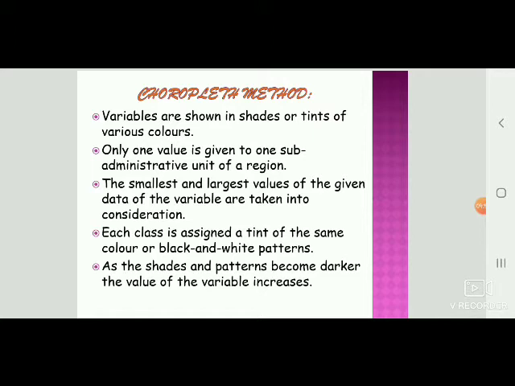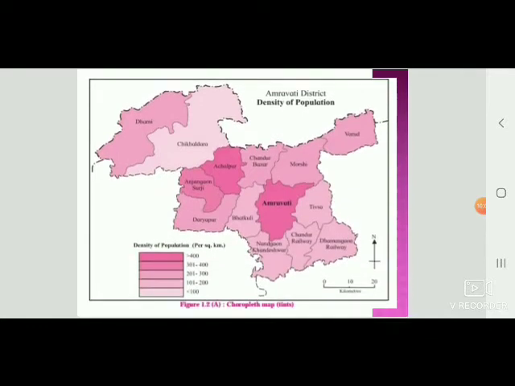Each class is assigned a tint of the same color or black and white patterns. The shades or the patterns become darker with the increasing value of the given variable and are drawn accordingly on the map in the given classification.